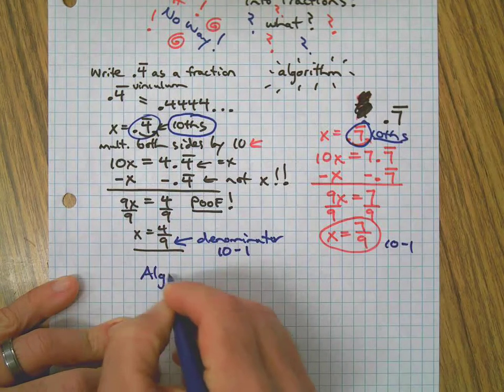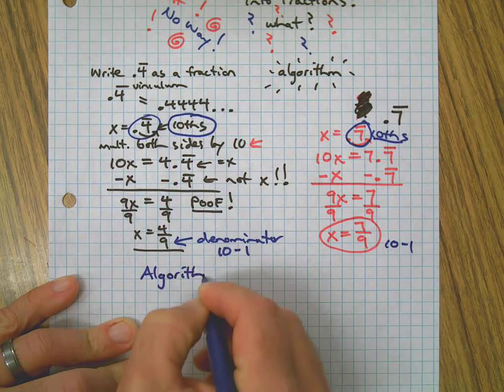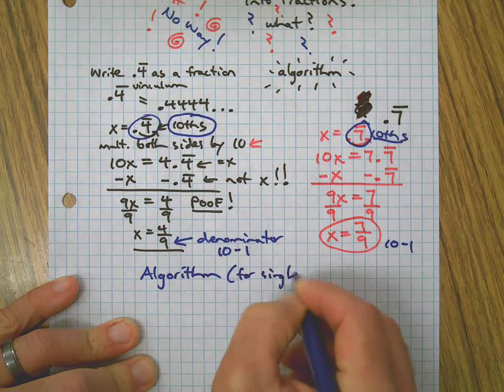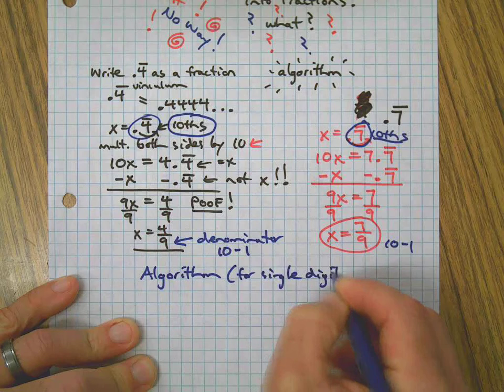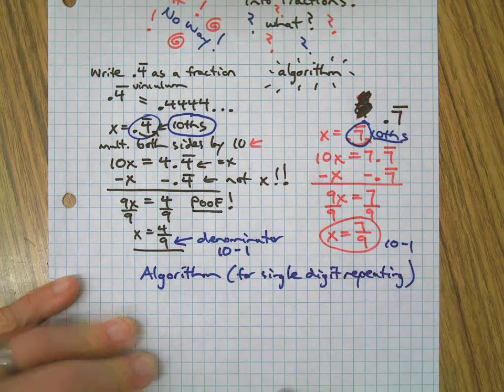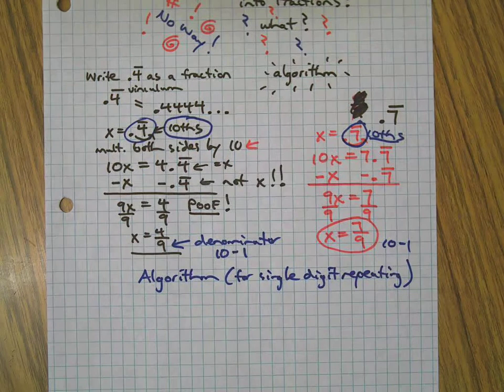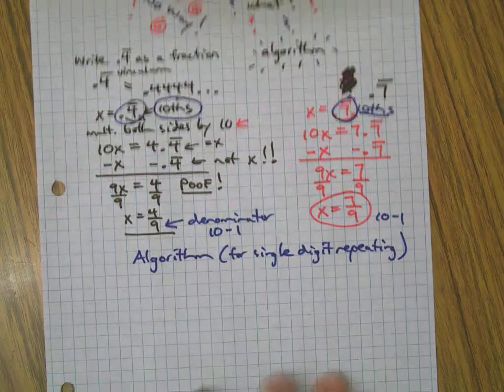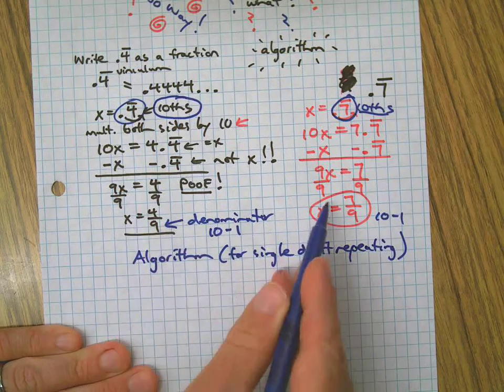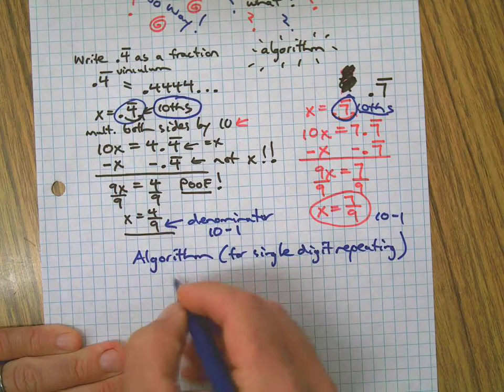So here's our algorithm for single digit repeating. There'll be another video where we're going to talk about double digit repeating, okay? But for this one, single digit repeating, here's the algorithm, which we just discovered up here.